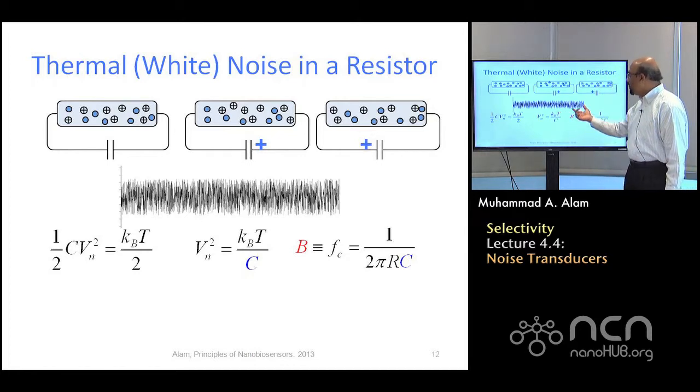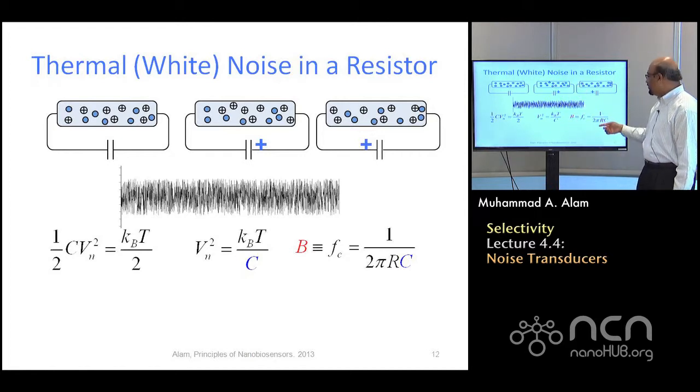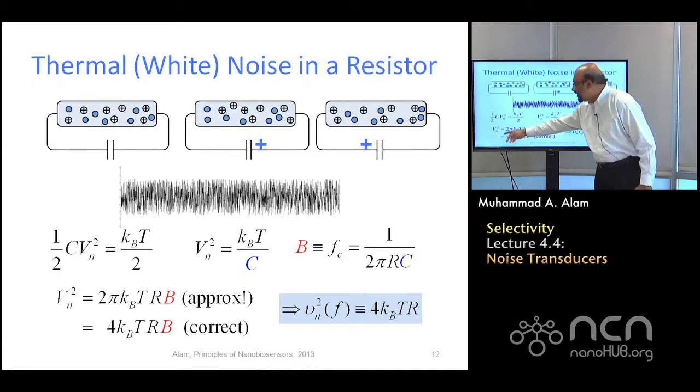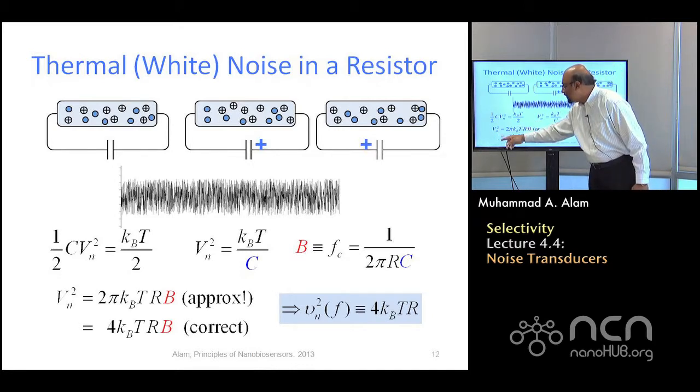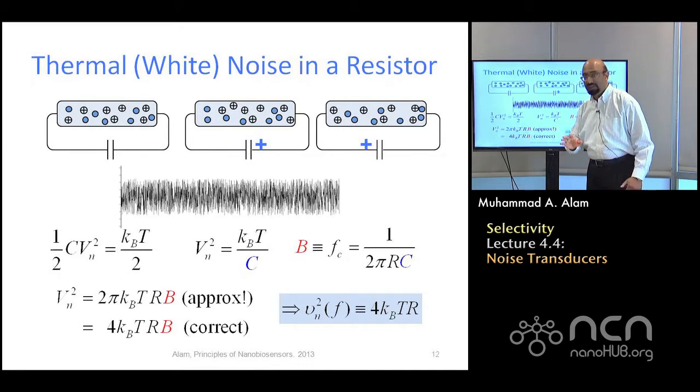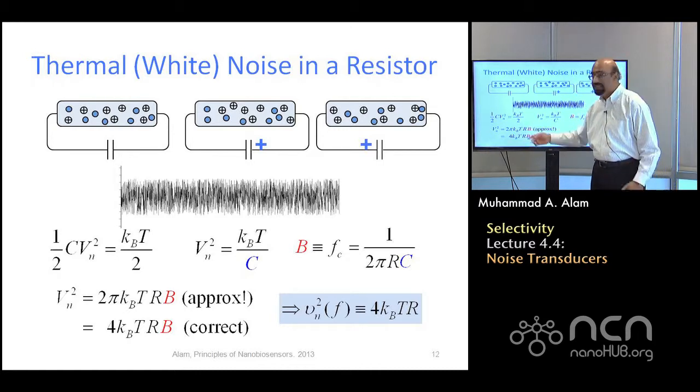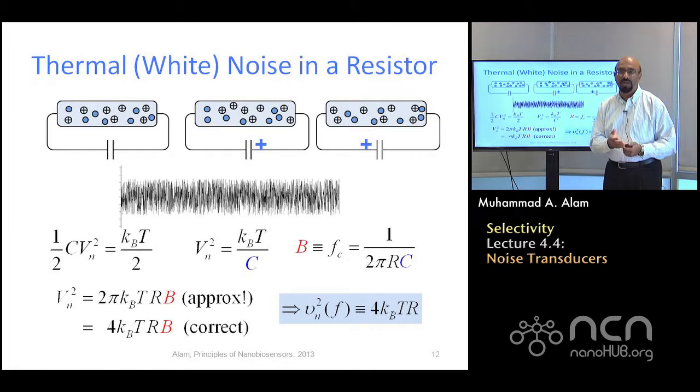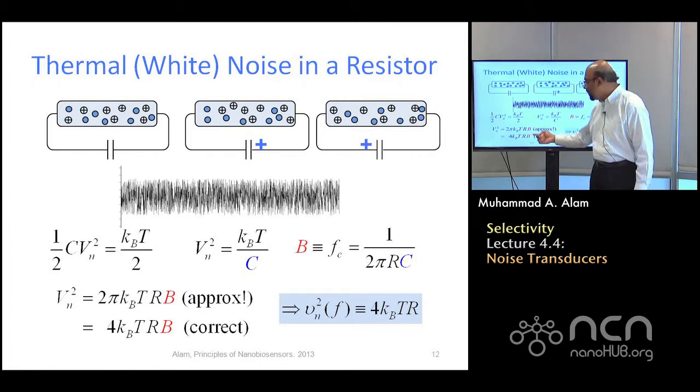But we also know that for a resistor capacitor combination, the bandwidth or the cutoff frequency is 1 over 2 pi RC. Take this C, insert it in here, and you will see that the amplitude of the noise is given by 2 pi kT, where k is the Boltzmann constant and T is the temperature. Let's say we are doing it at room temperature, so 300 Kelvin.